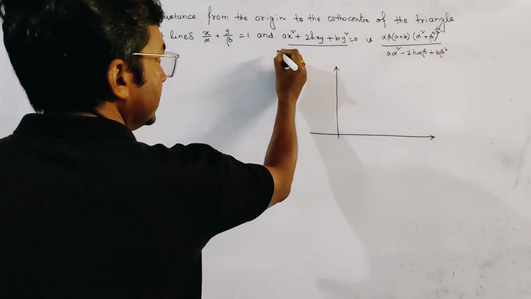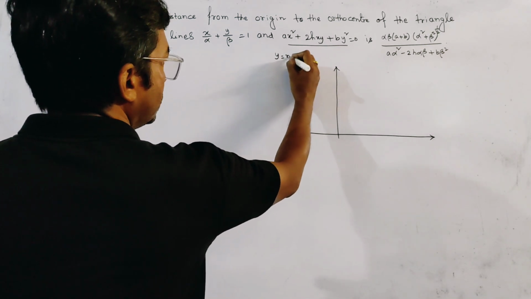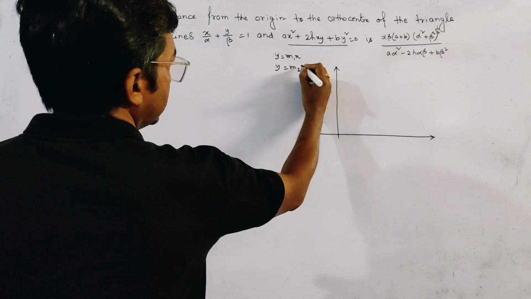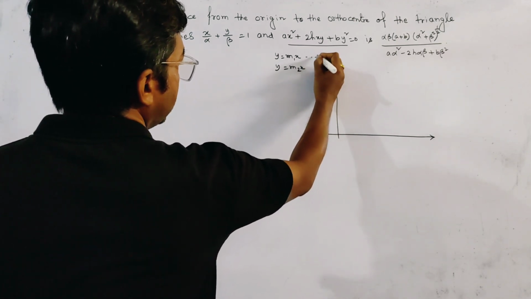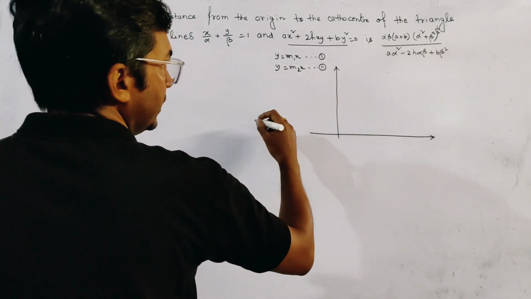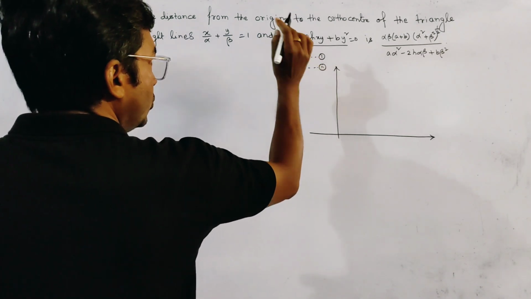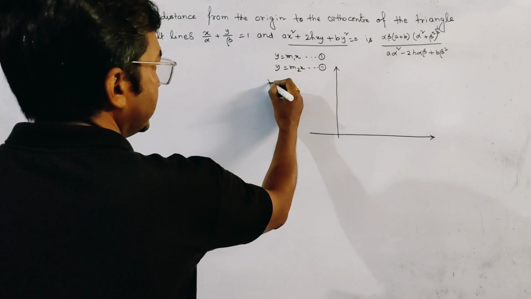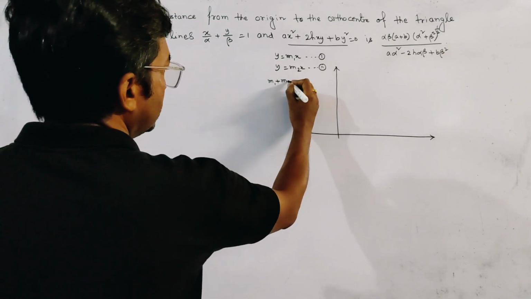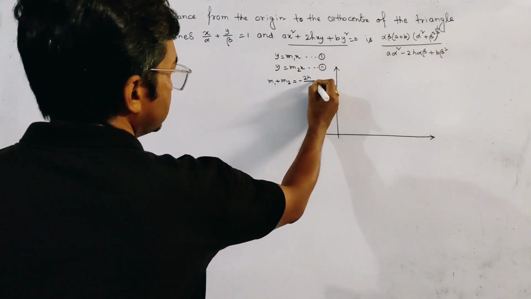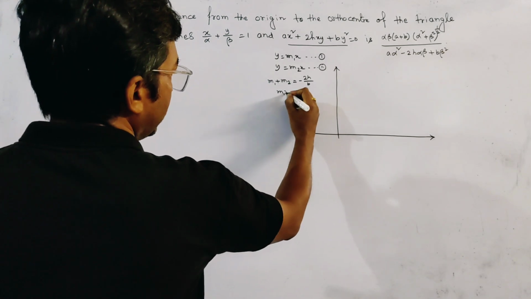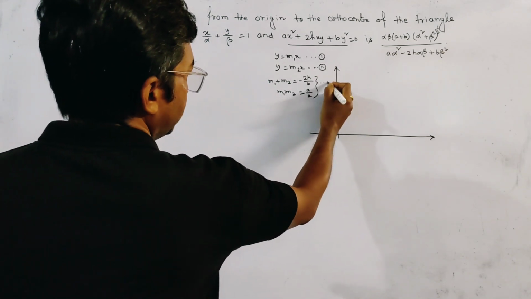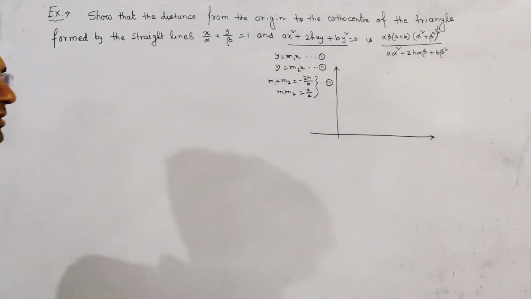Let the first be y = m1x and the second be y = m2x. Then from the theorem of pair of straight lines, we directly write m1 + m2 = -2h/b and m1m2 = a/b, and these two together are named relation number 3.